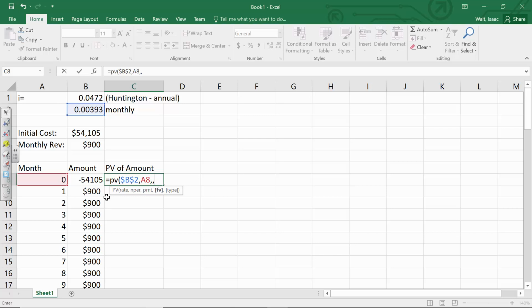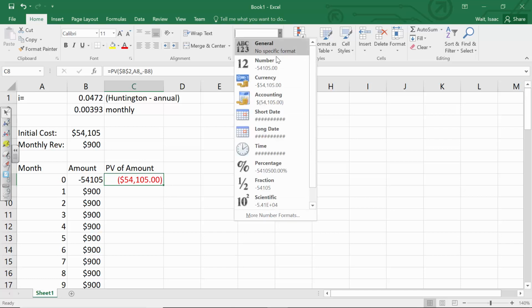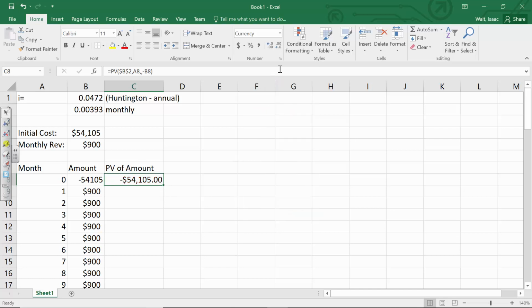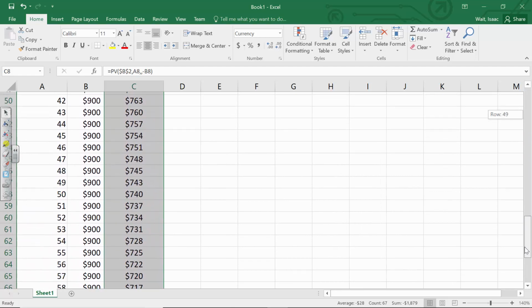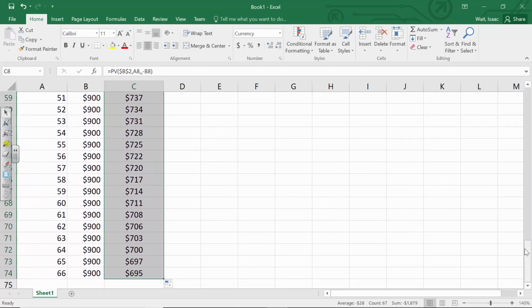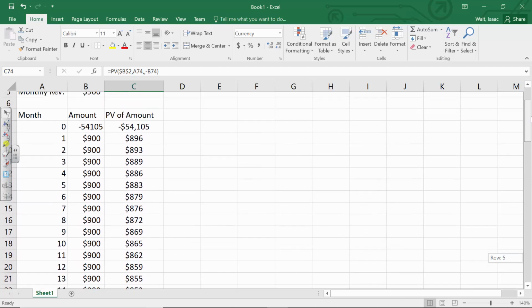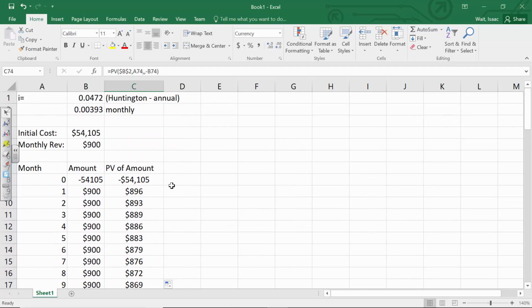Instead, they're just amounts in the future. Drag that down, and you see that these payments get progressively less valuable. So $695 in month 66 is the present value of that $900 payment that will occur in that month.